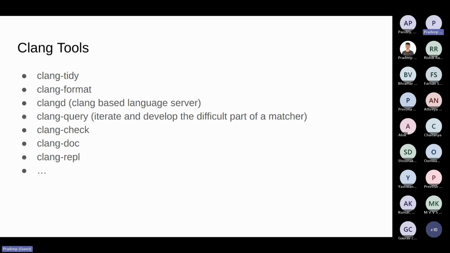clang-check is the tool that runs the Clang static analyzer, and clang-doc is the tool that allows you to generate documentation based on the comments that you've given in the code. Clang-repl is a new tool that's being developed that allows you to have a REPL-like, interpreter-like interface to C++.